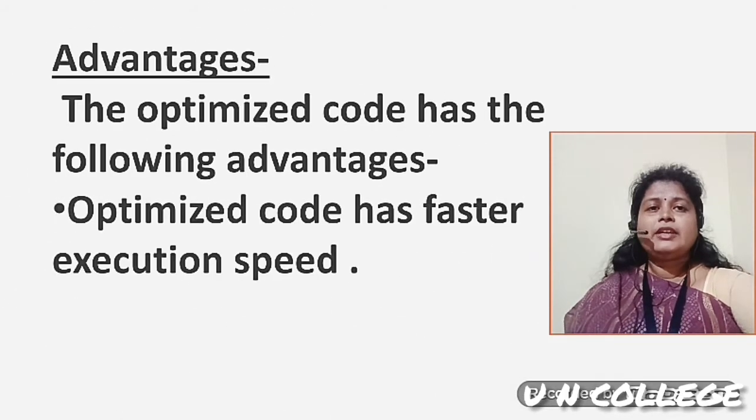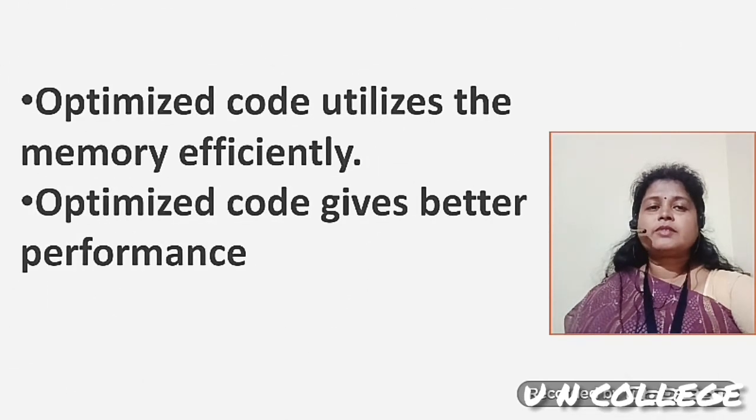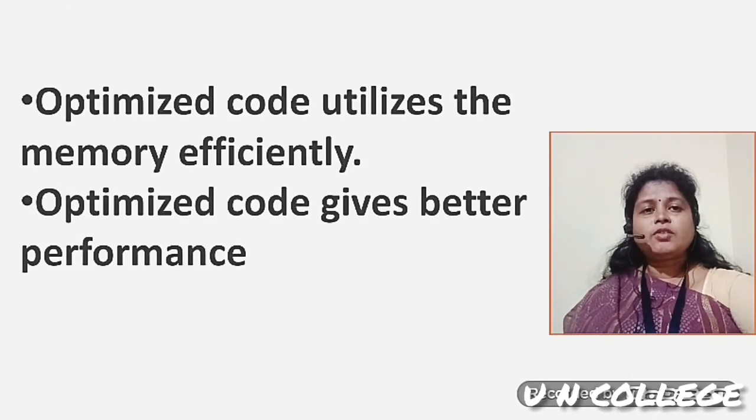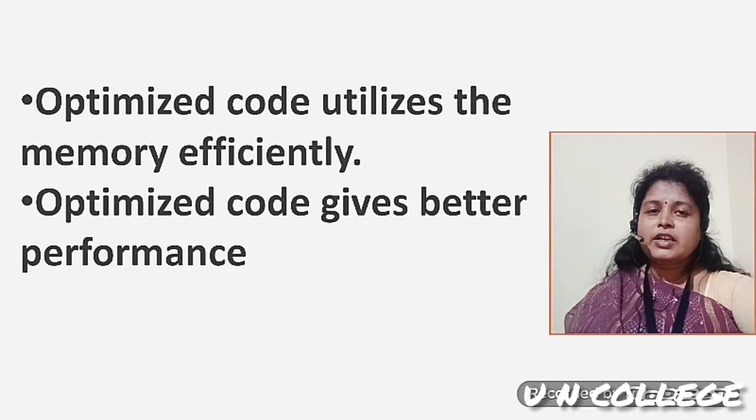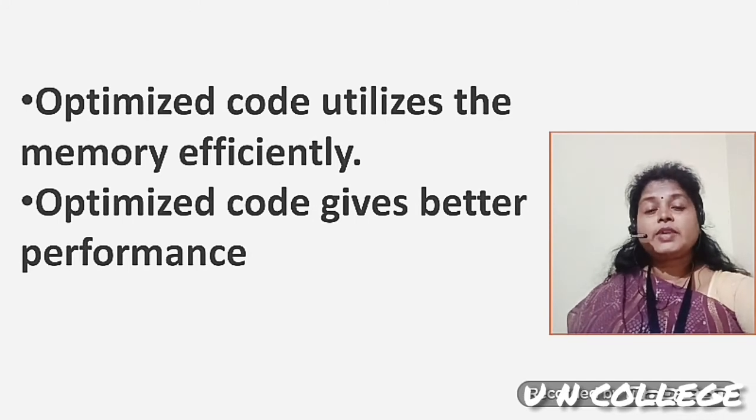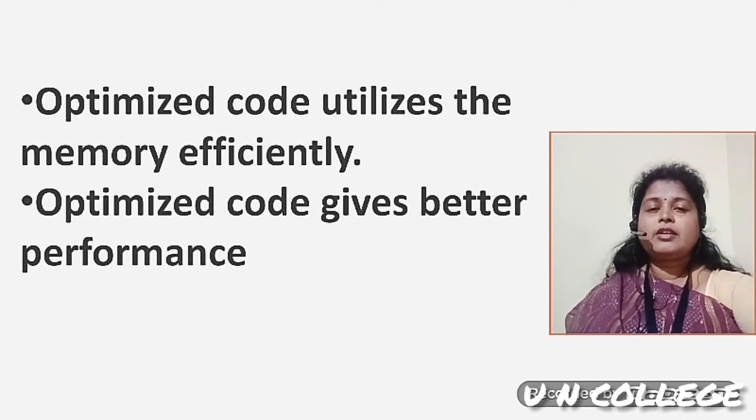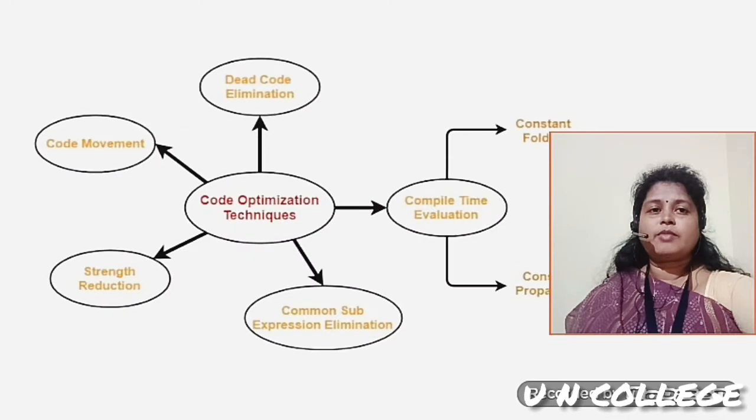The advantages of code optimization are: optimized code has faster execution speed, optimized code utilizes memory efficiently, which is because of machine dependent code optimization, and optimized code gives better performance.